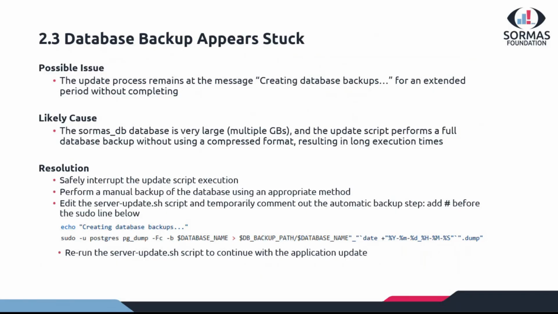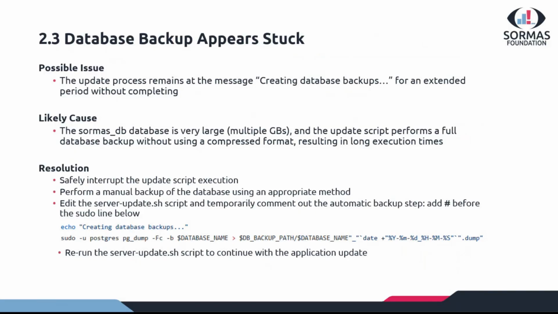What we advise is to interrupt the script with Control C. Then do a manual backup of your database using a compressed format. When that is done, you know your data is safe.